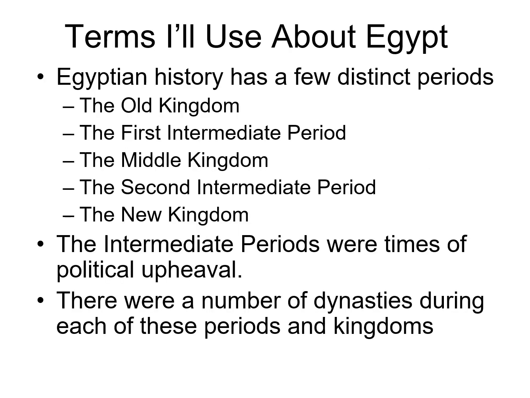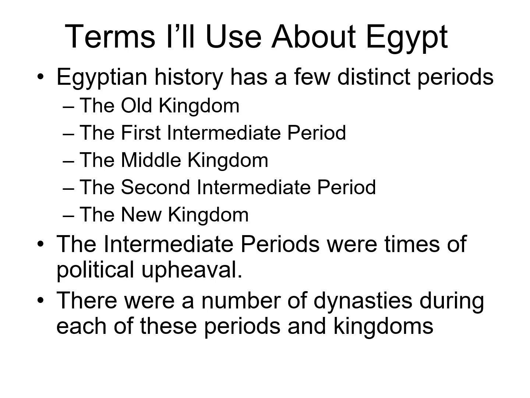So this slide and the next few are going to go over a few historical terms and eras of ancient Egypt and some of the challenges that come with working with Egyptian history. There are a few distinct periods in ancient Egypt. We have the Old Kingdom, the First Intermediate Period, the Middle Kingdom, the Second Intermediate Period, and the New Kingdom.